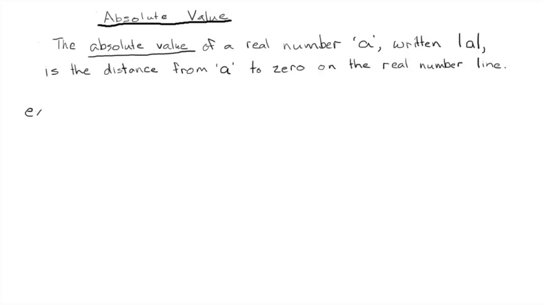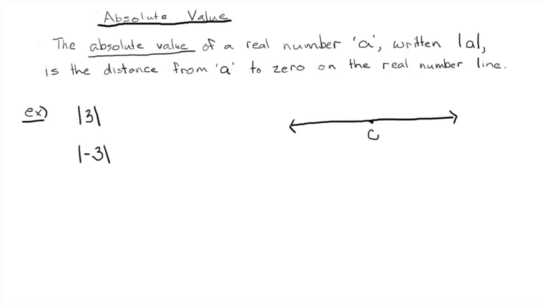So let's just look at a couple examples to help us see what that means. So we could talk about the absolute value of the number 3 or the absolute value of the number -3. So the absolute value of these numbers is just going to be the distance from 0 to these numbers.